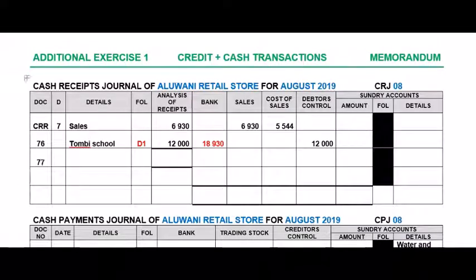In the CRJ, it will be receipt number 77. On the 13th, Brett & Sons is the customer's name. We already have a debtor number 1, so I'm making this debtor number 2. They paid us 5,000 Rand. The value will go to analysis, and it's the only transaction for the day, so it goes to bank. Remember to draw that line. And it's a debtor paying us towards their account, so it goes to debtor's control.